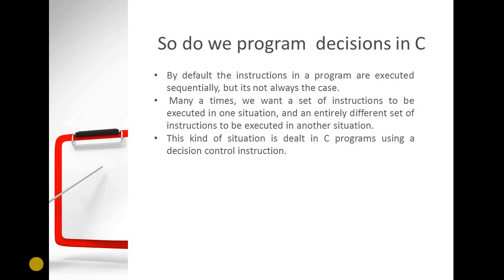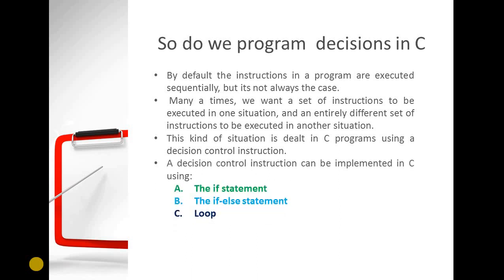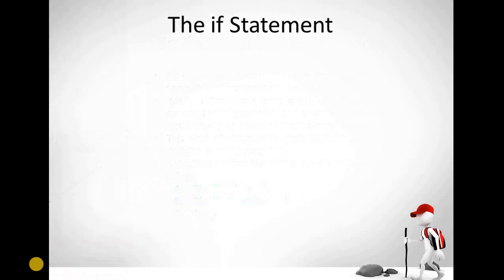This kind of situation is built in a C program using a decision control instruction. A decision control instruction can be implemented in C using the if statement, the if-else statement, and using looping control. So first we will learn about the if statement.